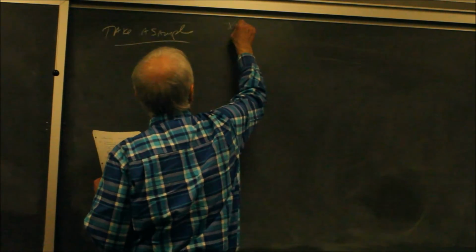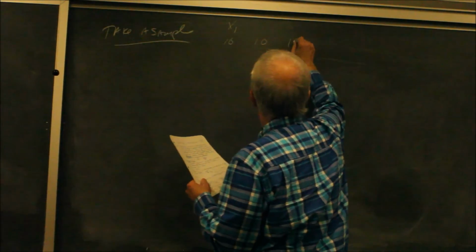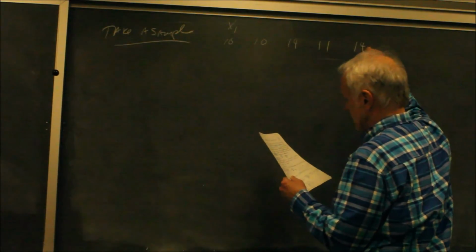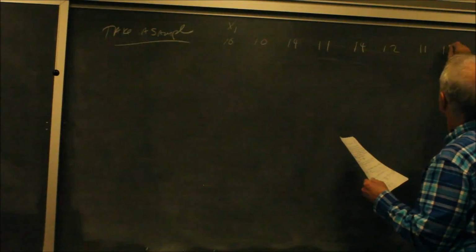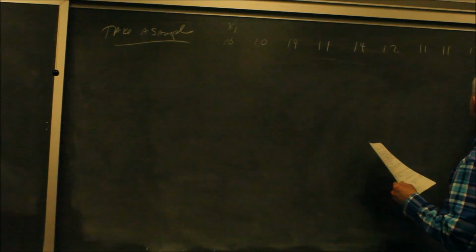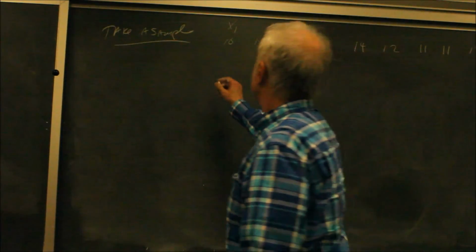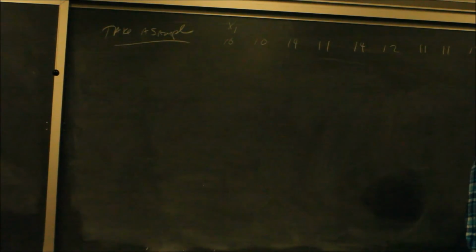Here's X sub 1. 10, 10, 14, 11, 14, 12, 11, 11, 15, 9. Those are the 10 cars. And this is with the new gas.